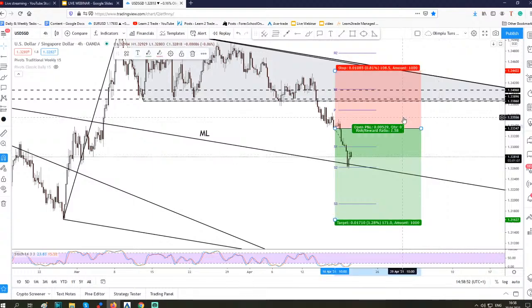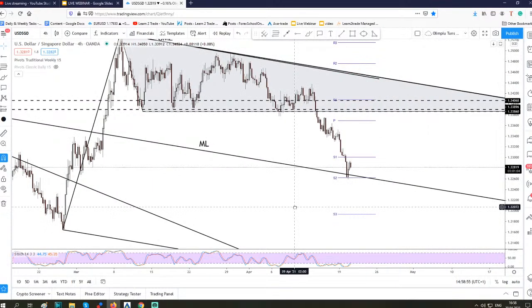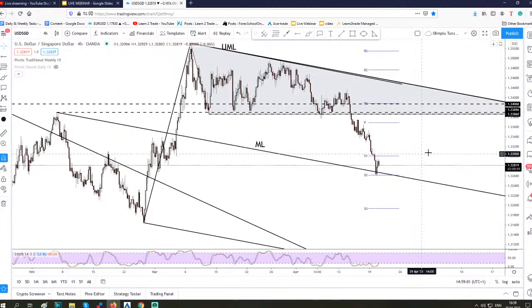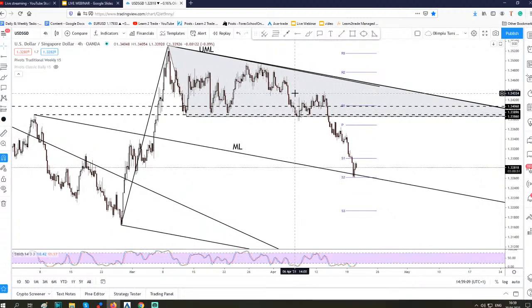I will delete this one from here, and as you can see, the price has decreased after dropping from this pattern here, from this triangle, after ignoring the weekly pivot, and now it has reached the medium line of the descending pitchfork, right?